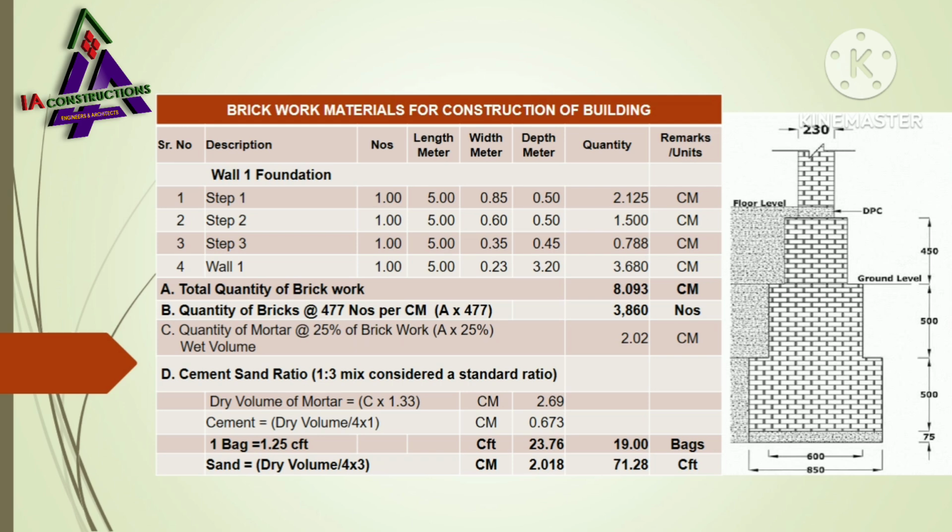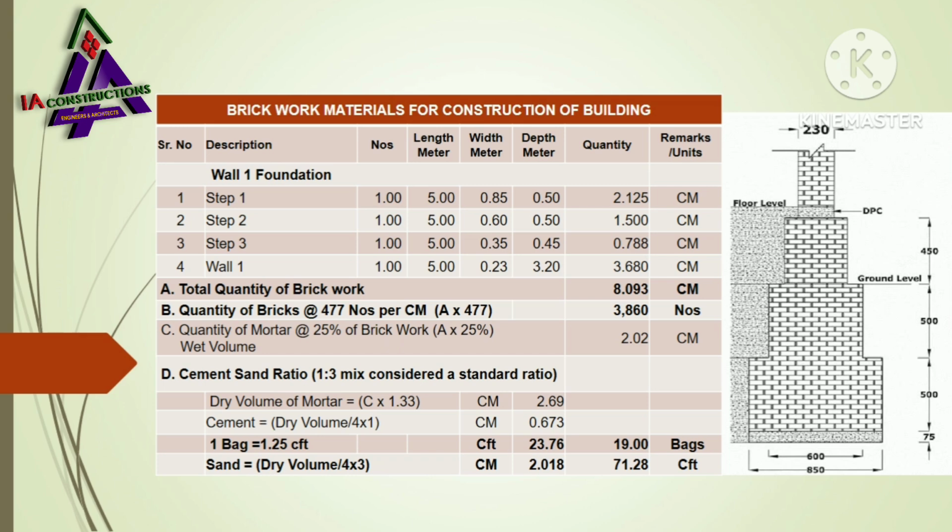Formula for quantity of cement will be dry volume of mortar divided by 4 multiplied by 1, from which we will find out 0.673 cubic meter quantity of cement.